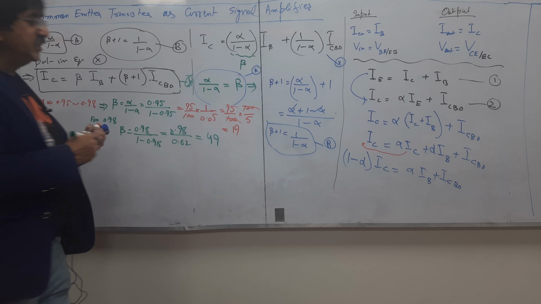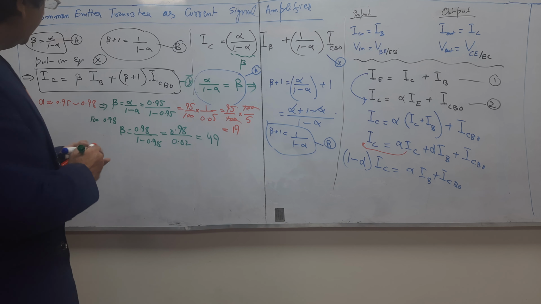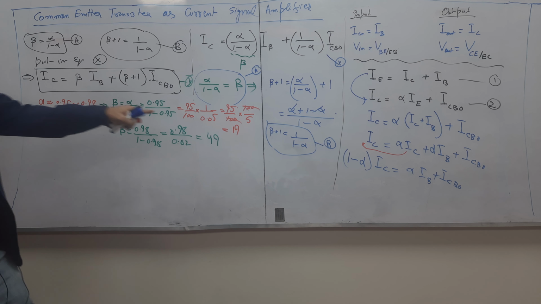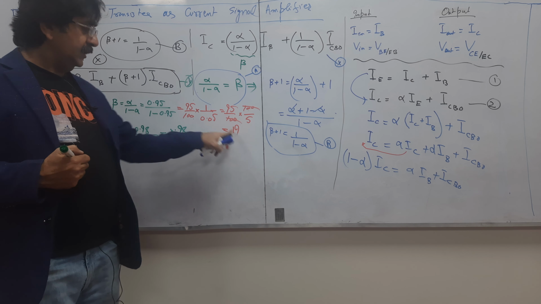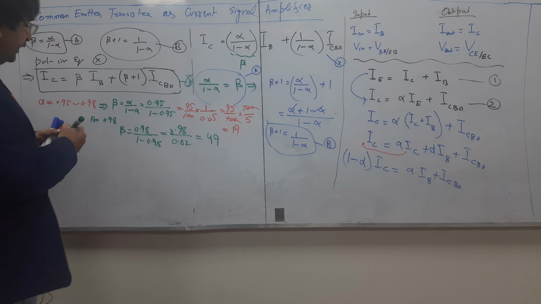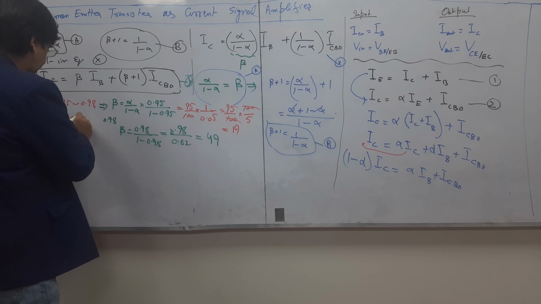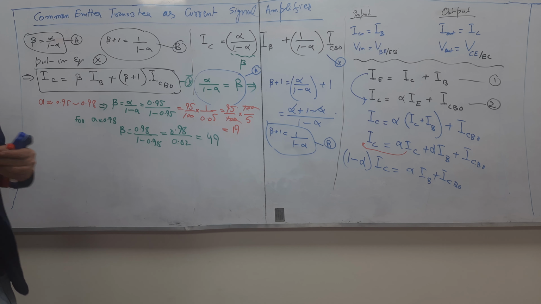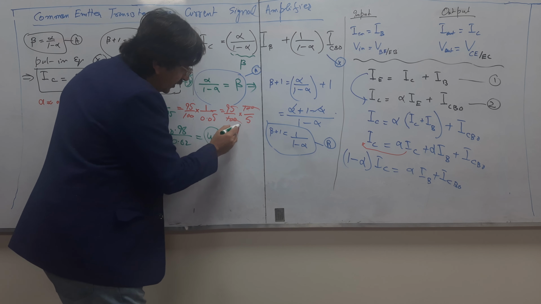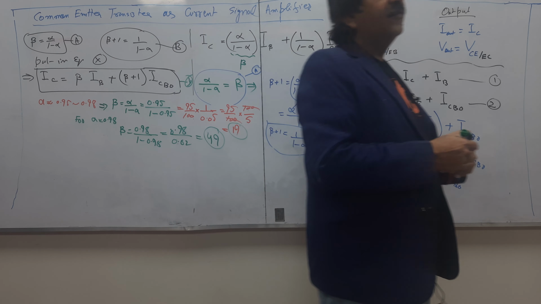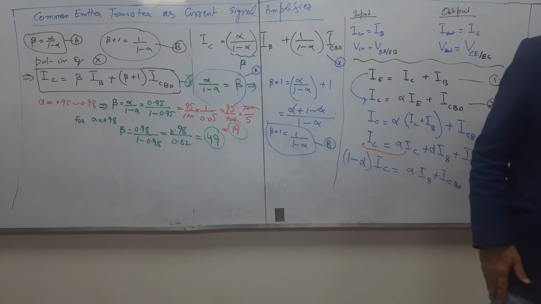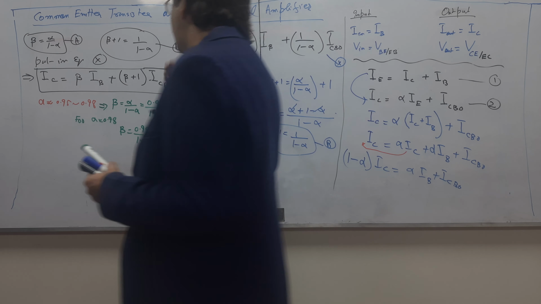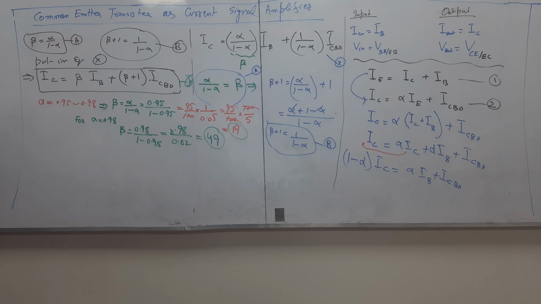So beta value will change from 19 to 49. If alpha value is 0.95, beta value will be 19. If alpha value is 0.98, then beta will be 49. So even a little change in alpha value gives a large change in beta value. Okay, got it?